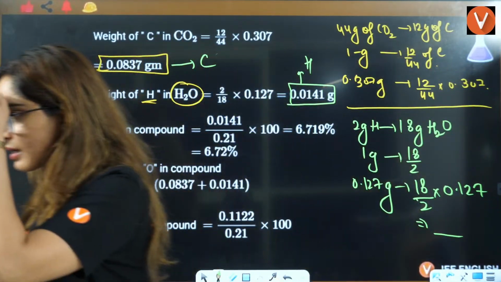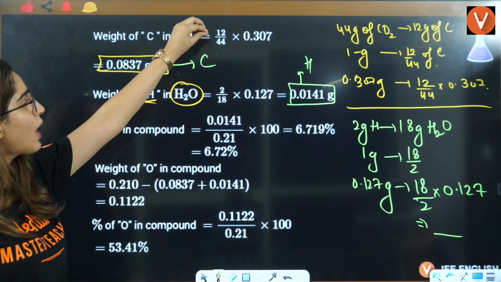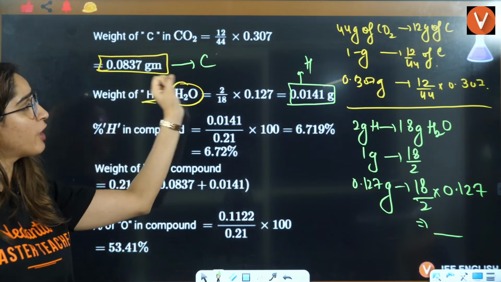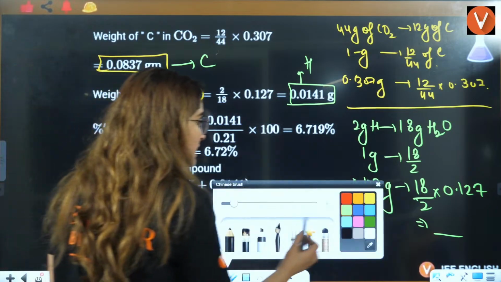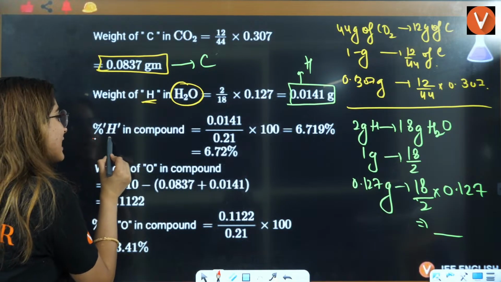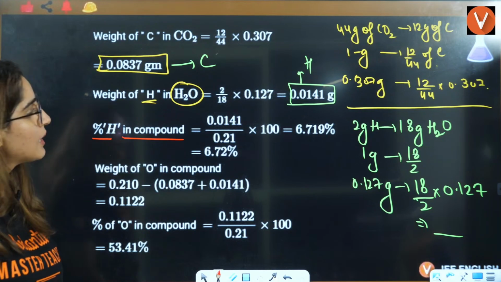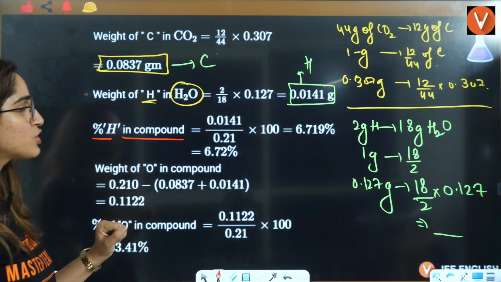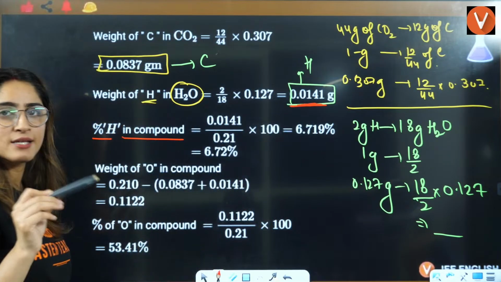Okay? Now in this question, you have calculated the carbon, you have calculated the hydrogen, right? Next, what we will see is the percentage of hydrogen in the compound. Because one thing is clear for sure: the amount of hydrogen that you have here is the amount of hydrogen that you will have here.